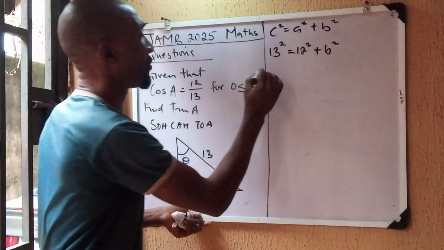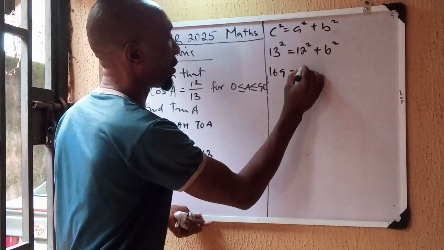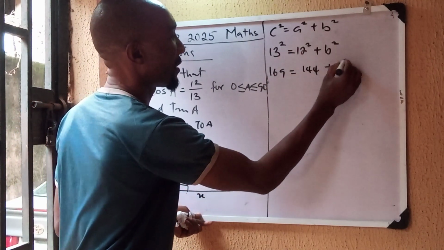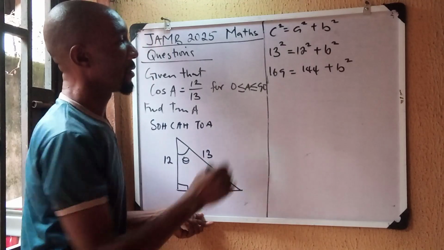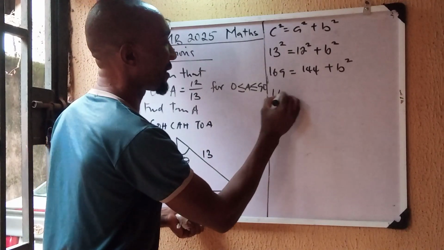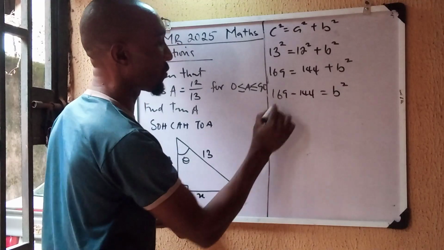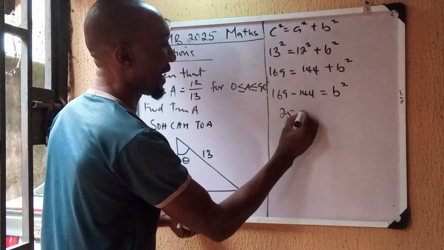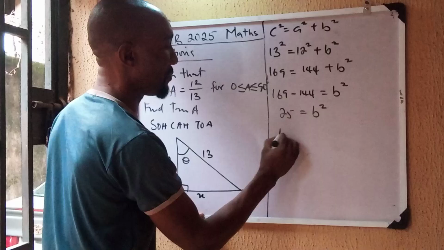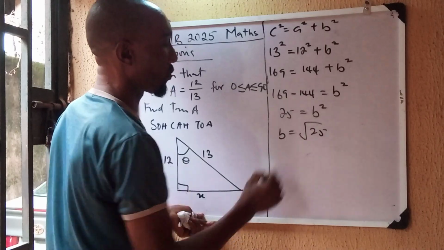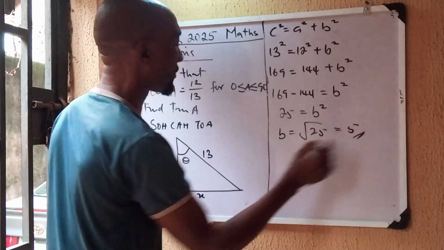So what is 13 squared? We have 169 is equal to 144 plus b squared. So 169 minus 144 equals b squared, which gives 25 is equal to b squared. So my b is the square root of 25, which is equal to 5.